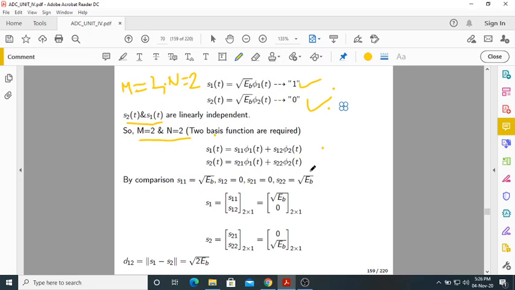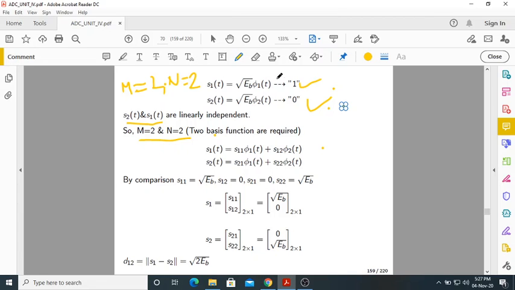It is not possible for me. Please, you read them properly. What is S1 of t? I have written there: S11 phi 1 of t plus S12 phi 2 of t plus S13 phi 3 of t and so on. Since n equals 2, we had only two basis functions. So I am writing S1 of t equals S11 phi 1 of t plus S12 phi 2 of t. In the same way, S2 of t equals S21 phi 1 of t plus S22 phi 2 of t.